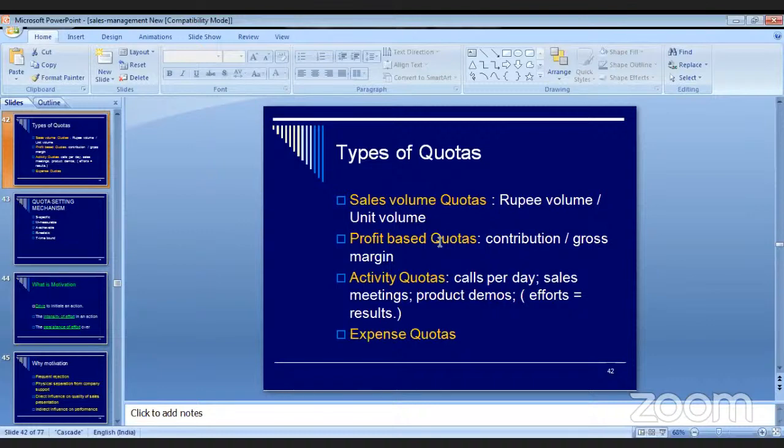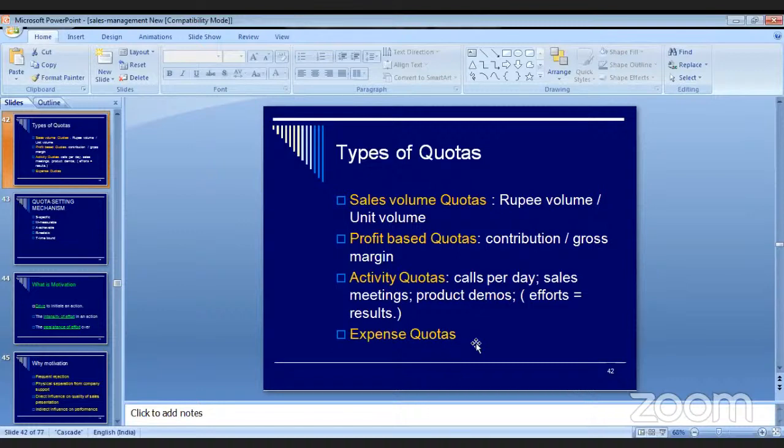Then the activity quota. The number of activities: presentations, meetings, how many meetings you are organizing, how many people you are touching. That quota you are fixing. Again I am repeating: sales volume, profit based, activity, then expense quota.